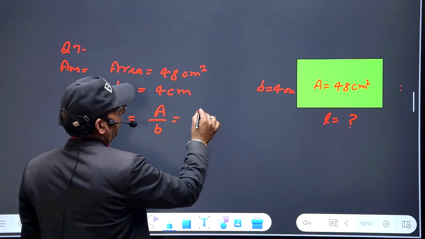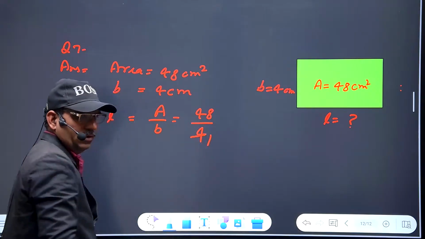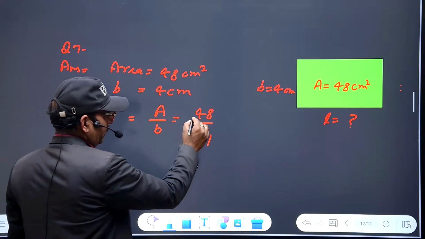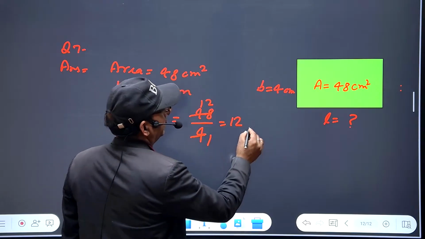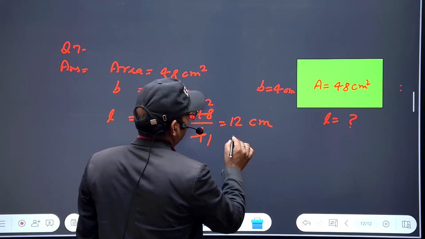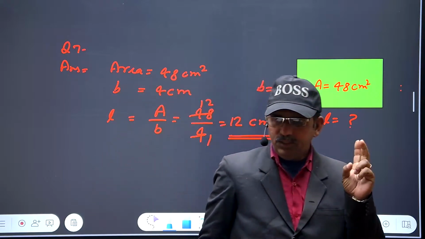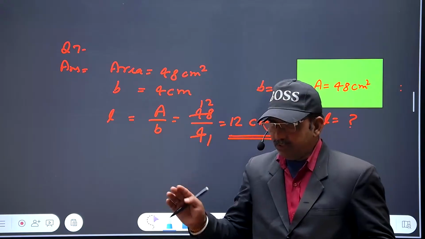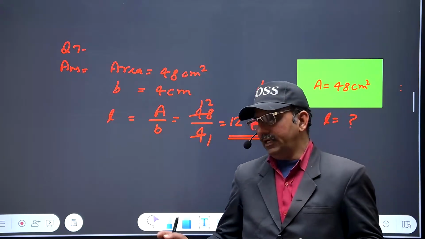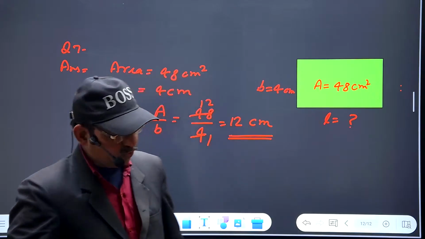What is the area? 48. Width is 4. Cut it. 4 ones are 4, 4 twos are 8. What will it be? 12 centimeter. It is clear. So by this process you can find out the length if area and width are given. You can find out width if area and length are given. It is clear.